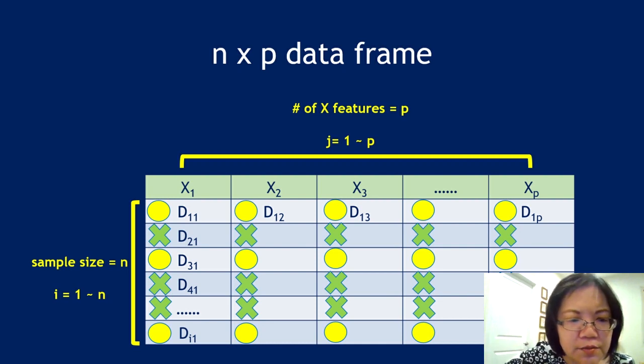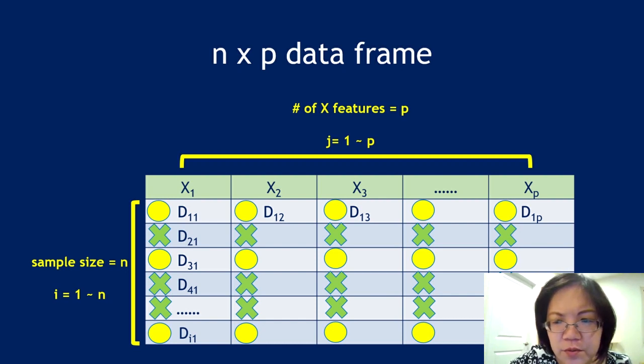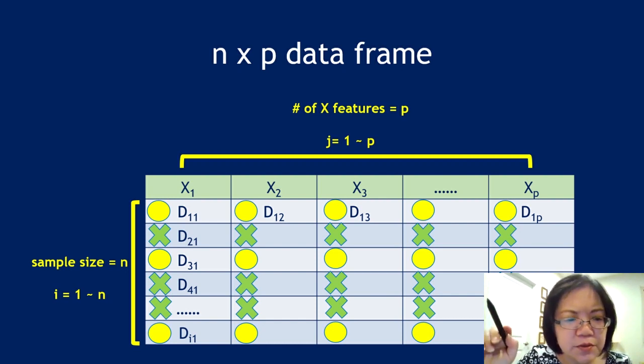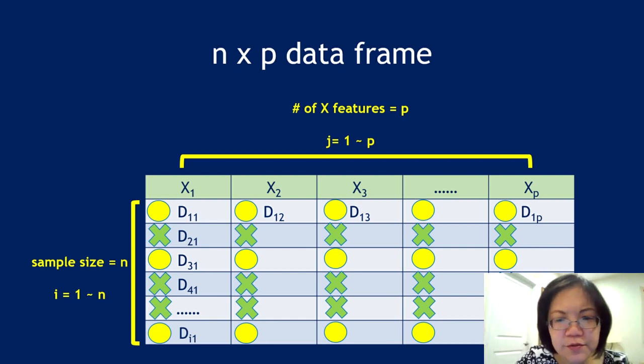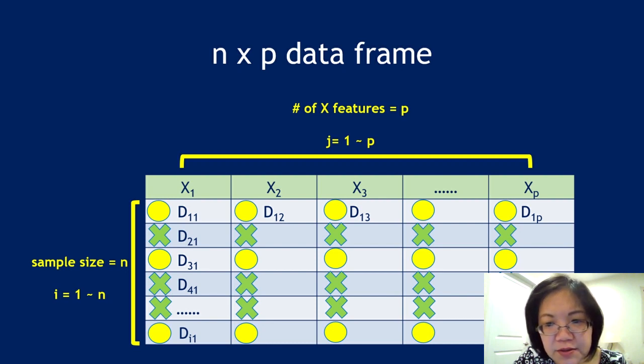And the second number iterates from 1 to 2 all the way to P, the columns. So basically we have an n times P data frame.